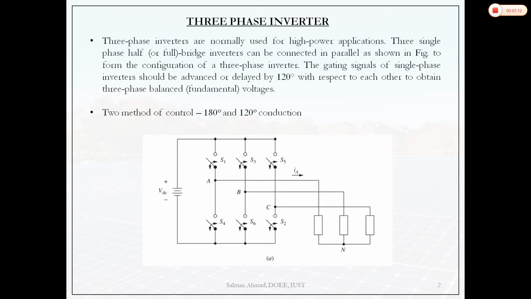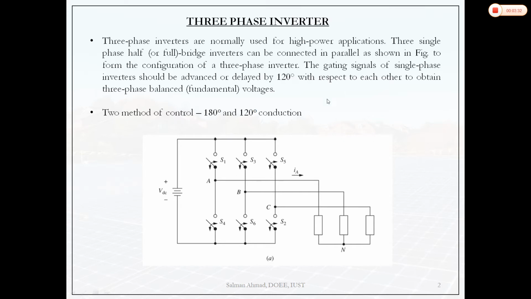Now the load, you can see here, is connected in star. Similarly, the load can also be connected in delta. This load could be an induction motor, or it could be a three phase inverter interfaced with the grid.